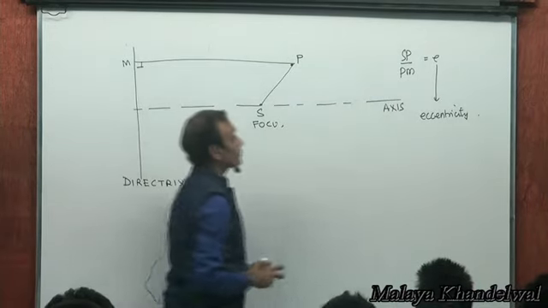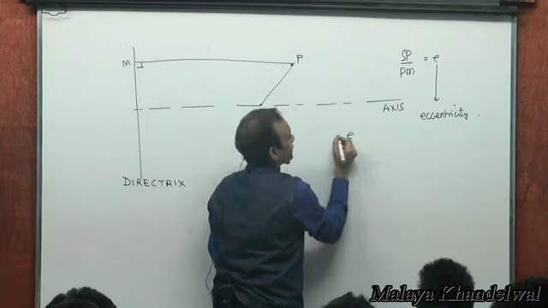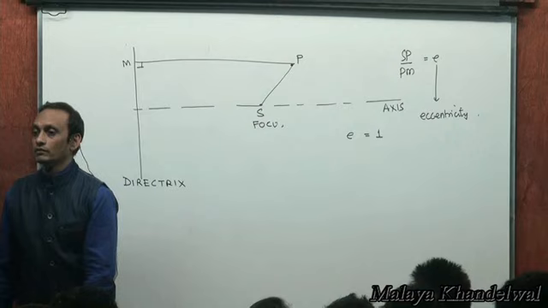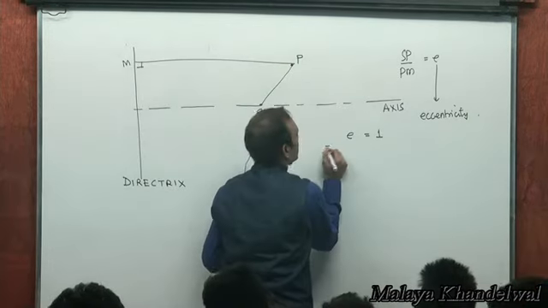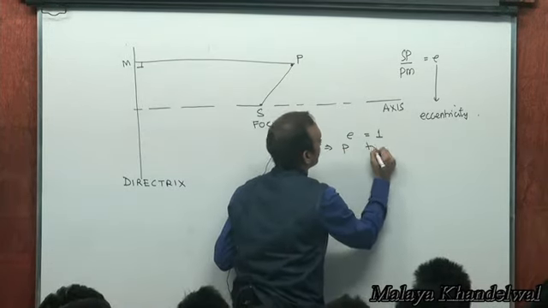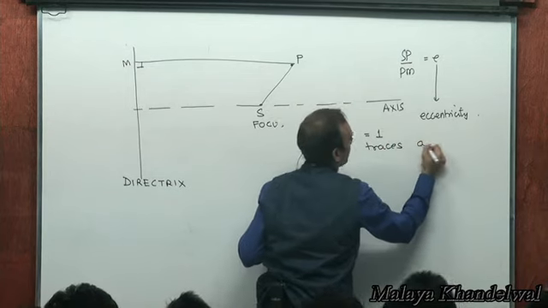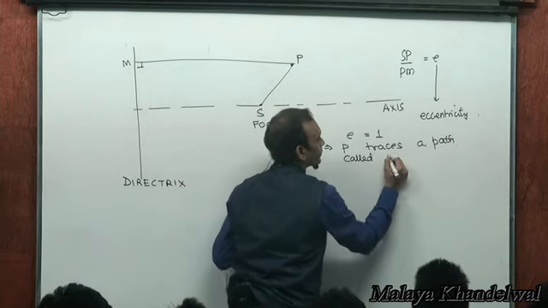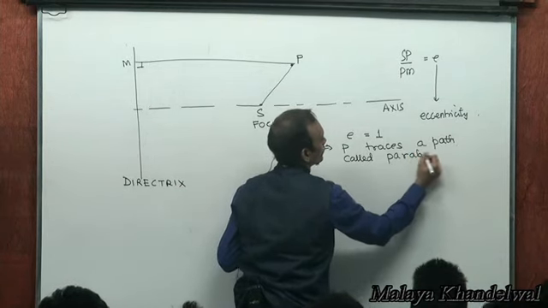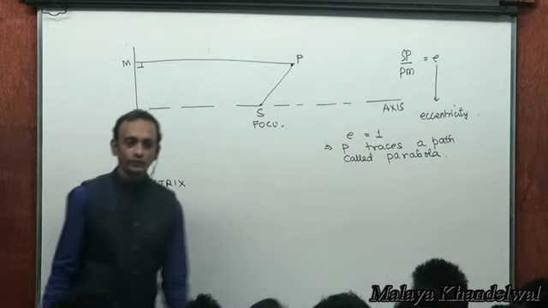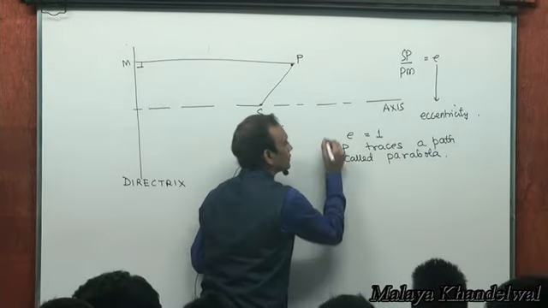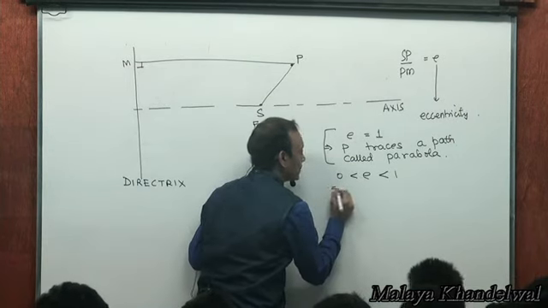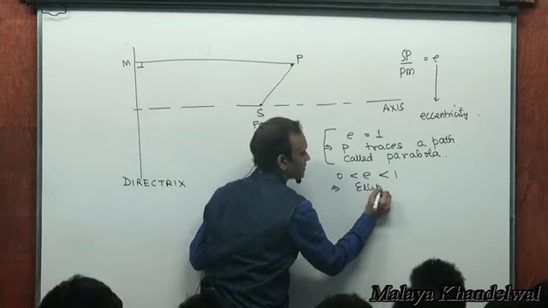Now, for E equal to 1, P traces a path called a parabola. For E greater than 0 but less than 1, the path traced is an ellipse.